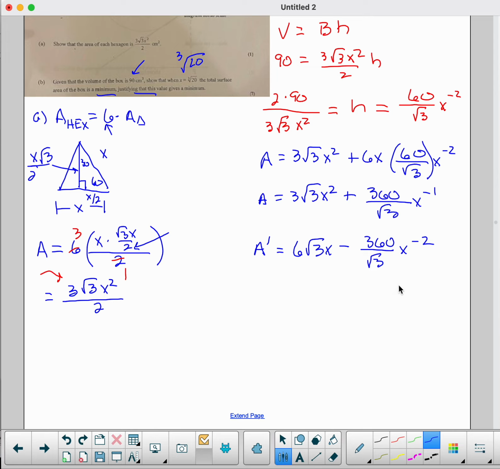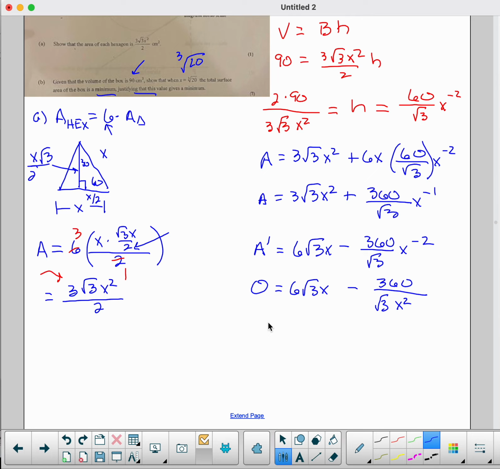Okay, so I'm going to rewrite that and set it equal to 0 to find our critical point: 6 root 3 x minus 360 over root 3 x squared. That's just going to make it easier to solve.